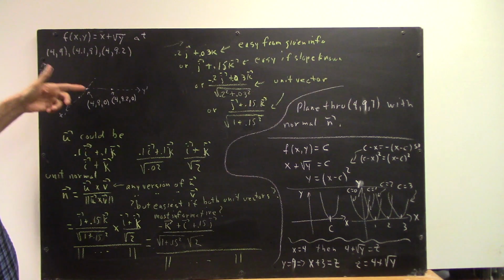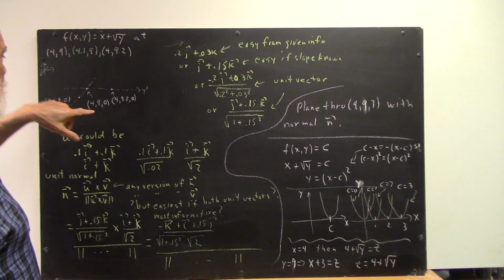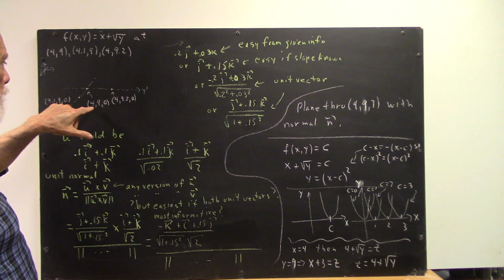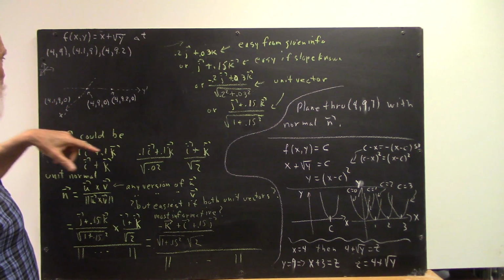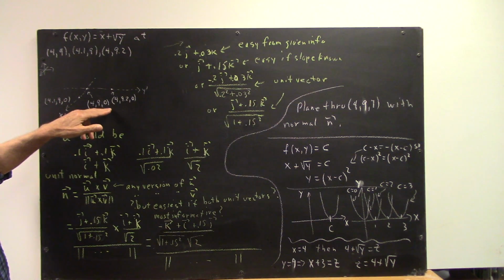I've sketched just a schematic set of coordinate axes here, x this way, y this way, z this way, and I've sketched a point here that I'm going to call (4, 9, 0). That of course corresponds to x equals 4, y equals 9, z equals 0.